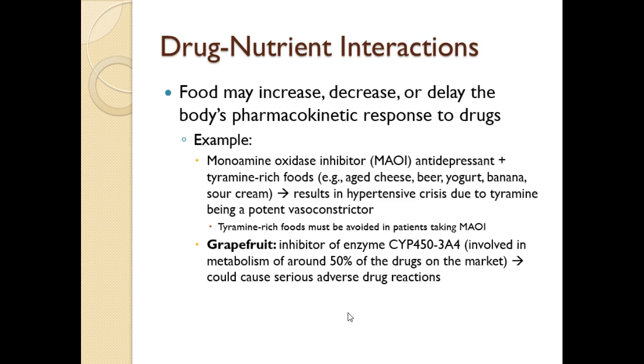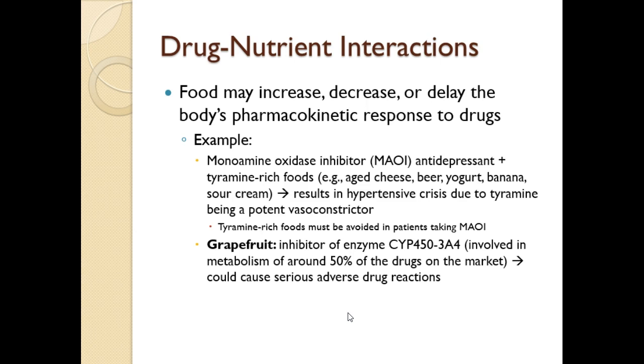Tyramine is a potent vasoconstrictor, and that's why it increases the blood pressure of the patients up to like 210 over 180, something like that. So it's really, really serious. So for patients taking MAOI, we tell them to avoid these foods.